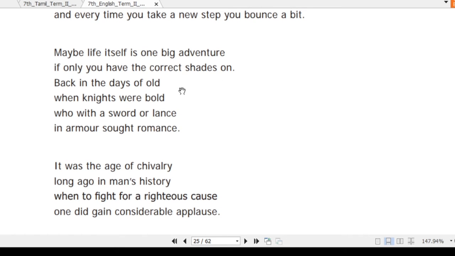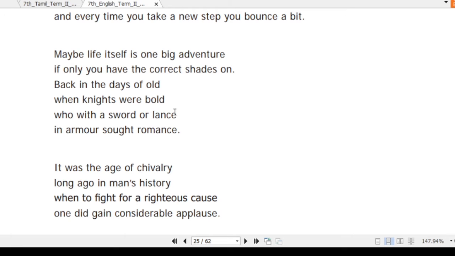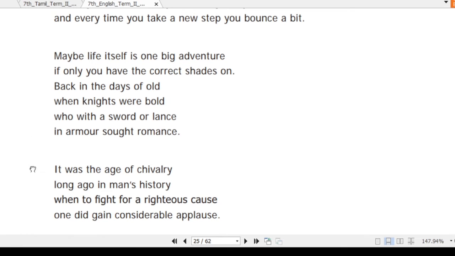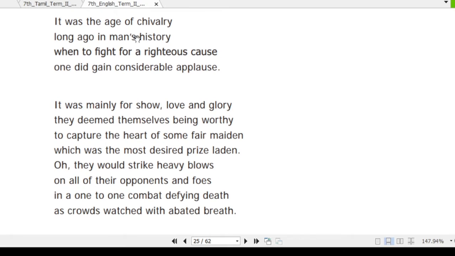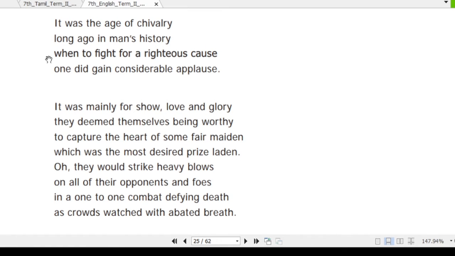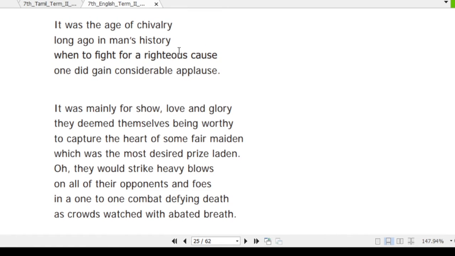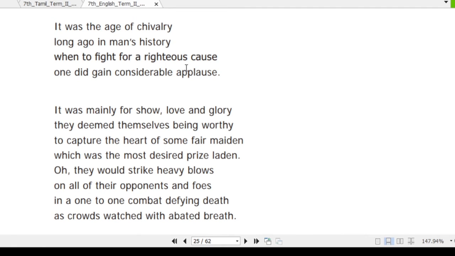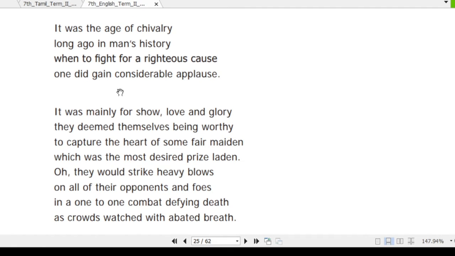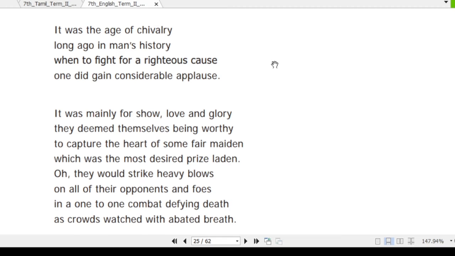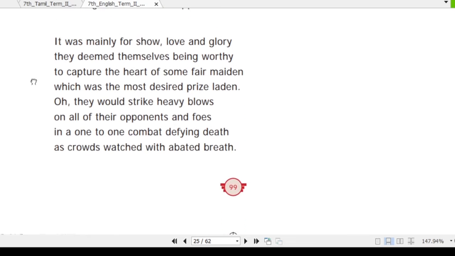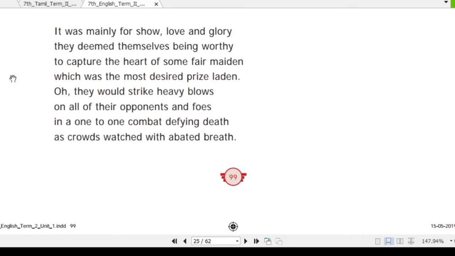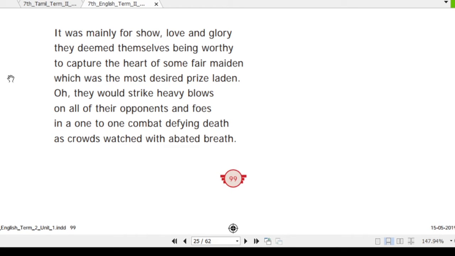Back in the days of old, when knights were bold, who with a sword or lance in armor sought romance. It was the age of chivalry. Long ago in man's history, to fight for a righteous cause would gain considerable applause. You have to fight for the right cause. It was mainly for show, love and glory.